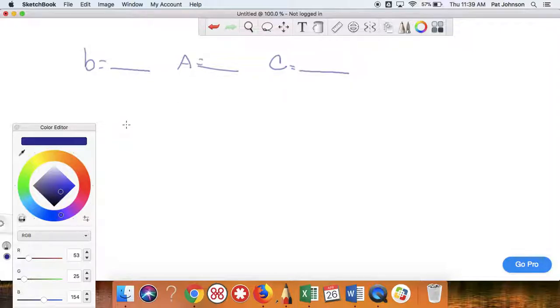So this is what we're missing. If we're finding b, we would say b squared equals a squared plus c squared, the other two sides, minus 2 times ac cosine of B.